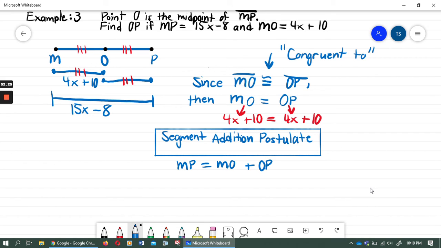So the length of the whole segment MP should be equal to both of those two parts added together.